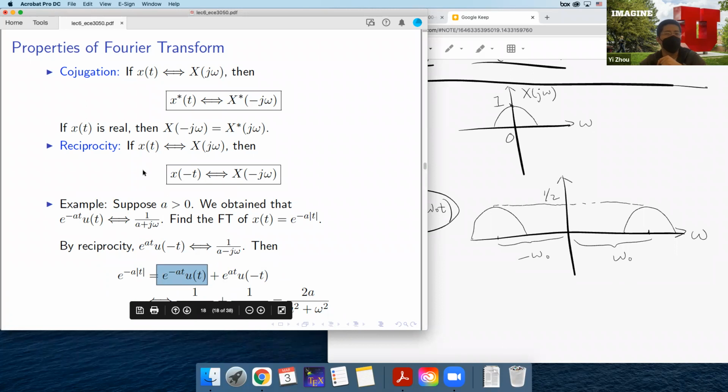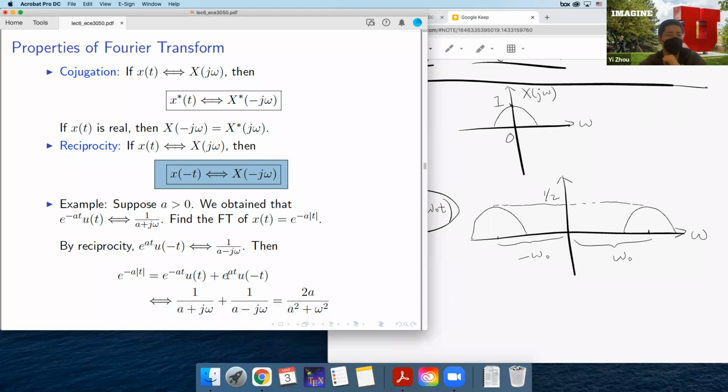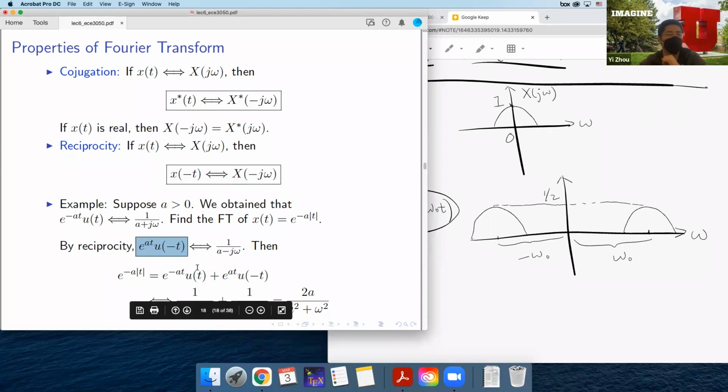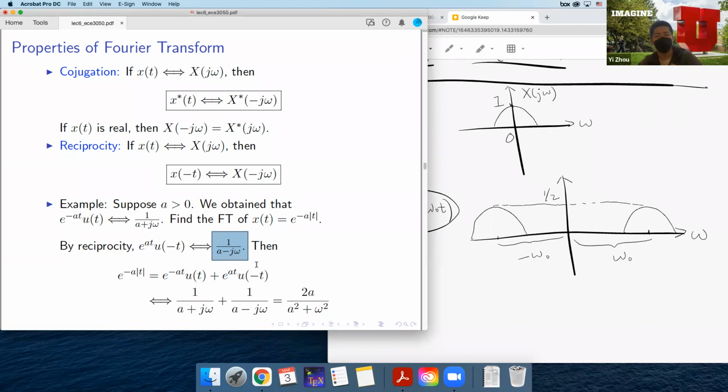So you just need to leverage this time reversal property. So by using this property, we conclude that the Fourier spectrum of this signal is simply doing a frequency reversal in the frequency domain. So we just replace omega by negative omega. And then you can derive the result by summing these two. Okay, so in this way, you don't have to go over the definition of Fourier transform.